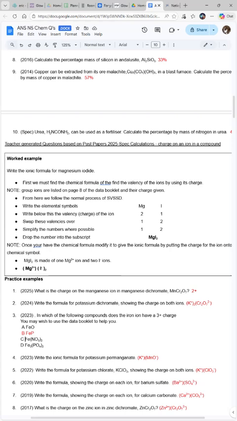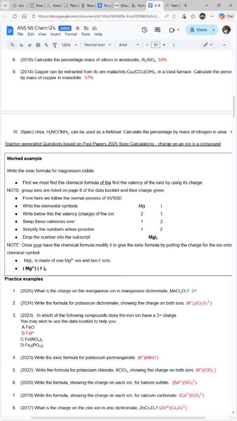So what does the charge on each individual iron have to be for 3 of them? If the right-hand side, these 2 phosphate ions, give us a 6 negative, the left-hand side has to give us a 6 positive. So 3 times 2 would give us that. So only B, the one I've already read out, will be giving us iron with 3 positive charge.